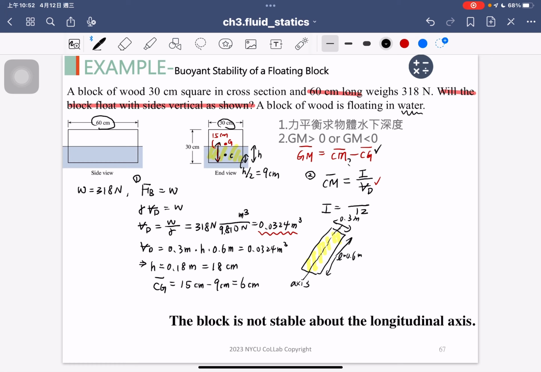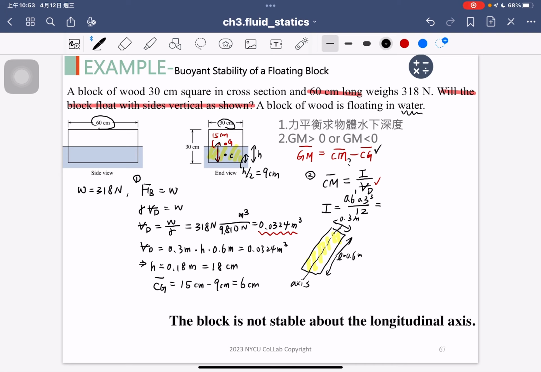So the 0.6 length is parallel to the rotation axis, so we use the first power for it, and for the width, 0.3, I use the cubic power. Okay, so you can use your calculator to compute the answer. I checked with my calculator: the cubic power, multiplied by 0.6, divided by 12.